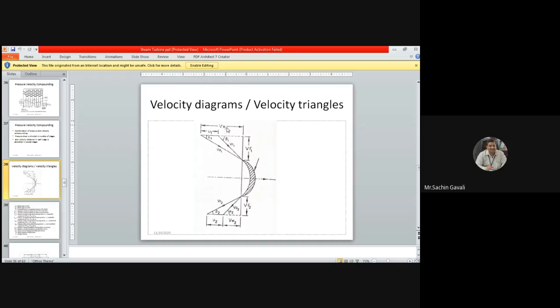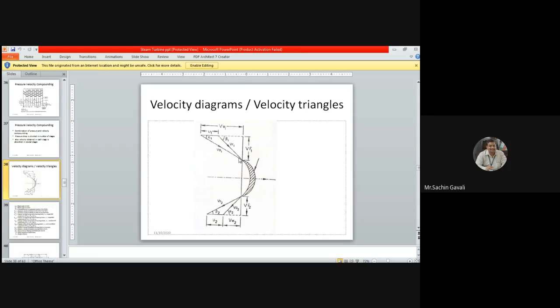VW1 in some books may be CW1, VR1 may be CR1, here it is VA1, V axial, and here VF1, which should be CF1 there. V can be replaced by C in some books.